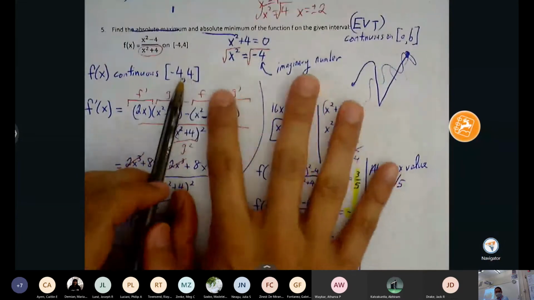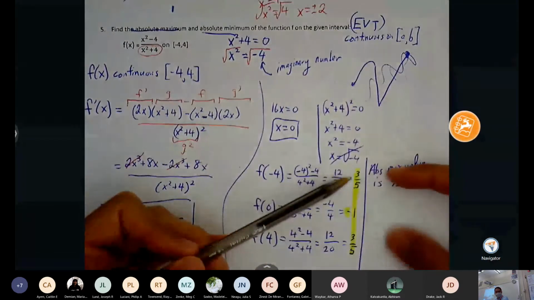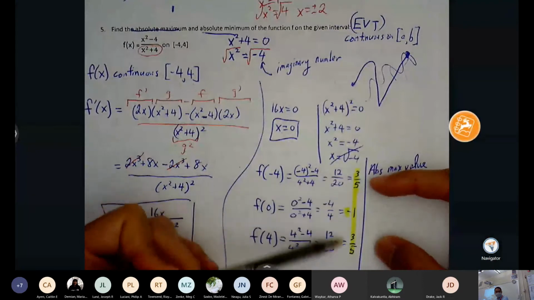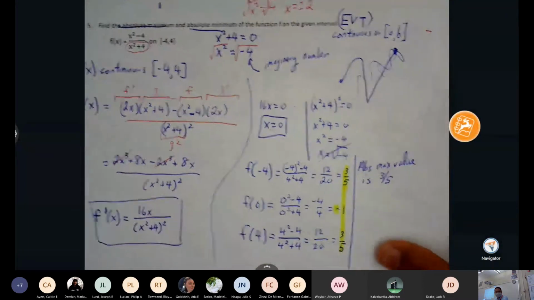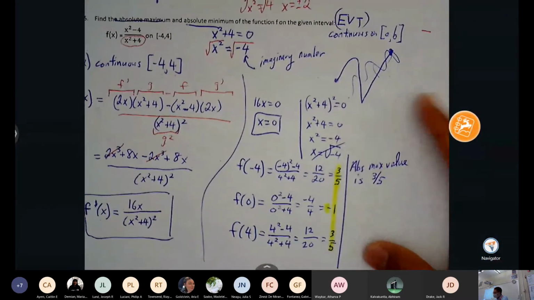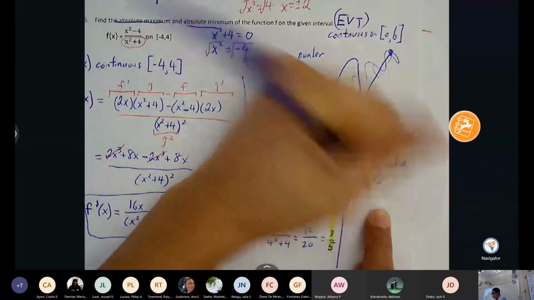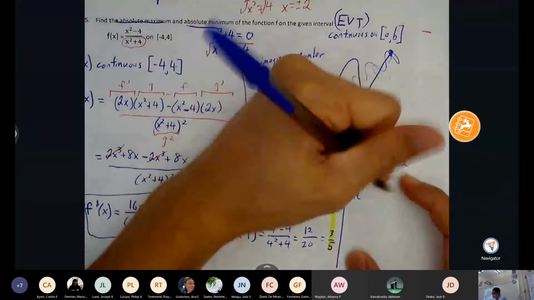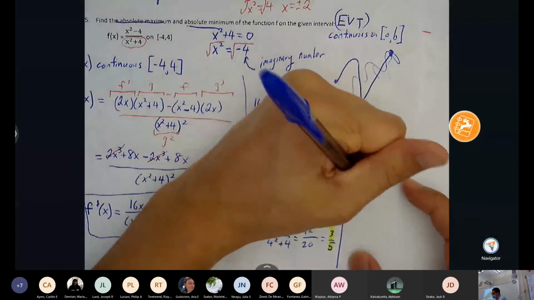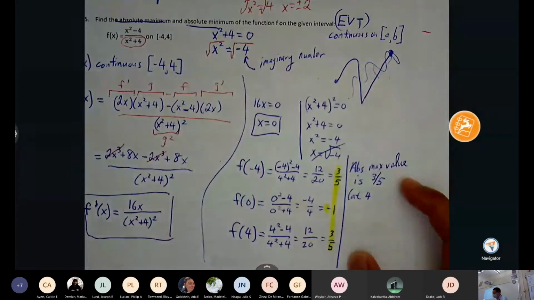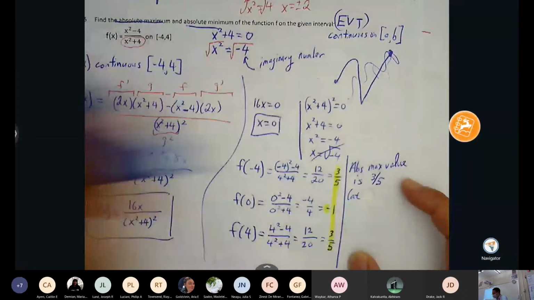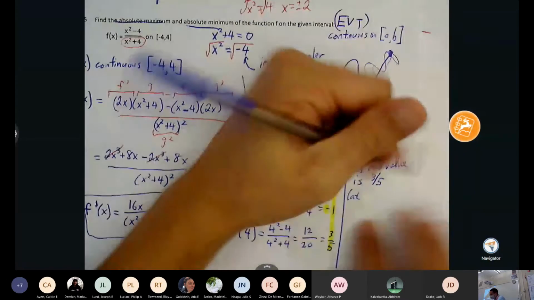But here we're testing it into the function so that we can actually find the location and compare it with the other locations. So that's the answer, but if you want to provide more information, you can say max is occurring at x equals 4 and x equals -4. But that's not as important.